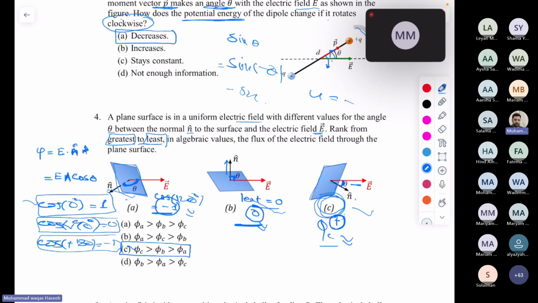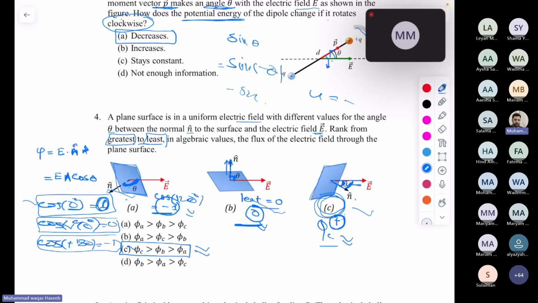How to check this question if you have a similar question: if the angle between the electric field and the normal is least, then you identify it has the maximum flux, because if it is closer to zero, then it has a maximum value. If they are perpendicular to each other, then the flux is zero. And if the angle is more than 90 degrees, then cos goes to a negative value.